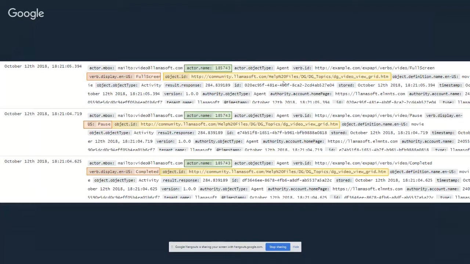And so we get stuff like what you're seeing on the screen right now, where we can say, okay, this actor, 185743, they went to this video and they did these three actions. They were full screen. They hit pause and they completed.